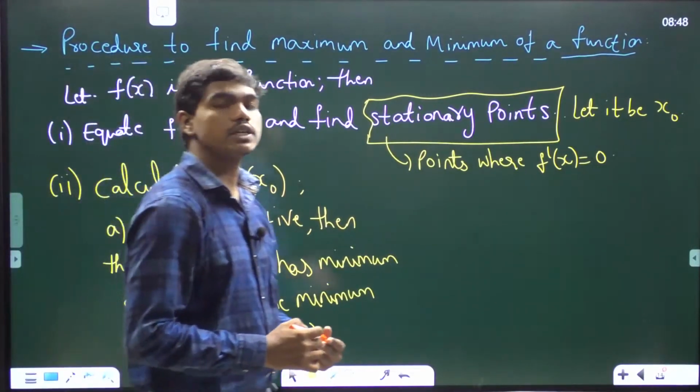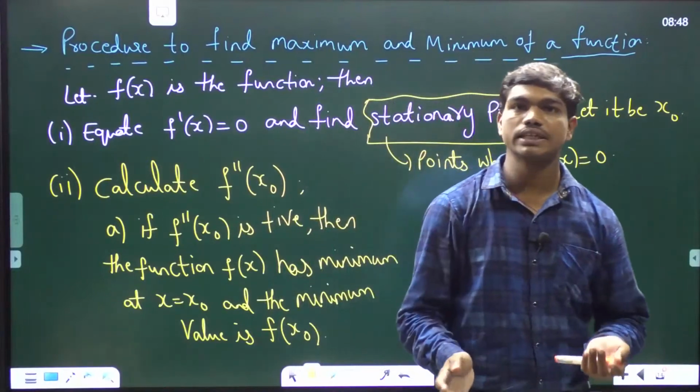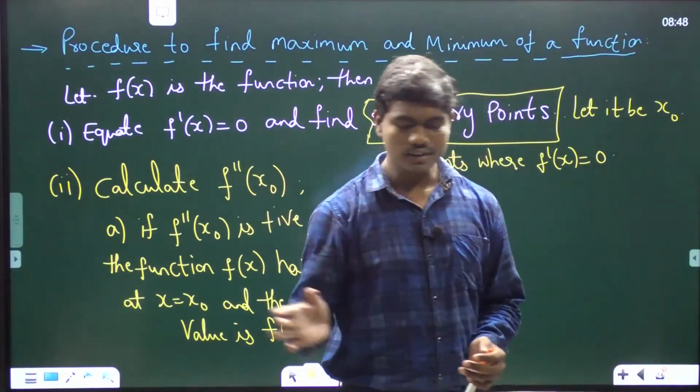Correct? It means if the second derivative at that stationary point is positive, then we say the function has a minimum there. Now, why should it be positive?